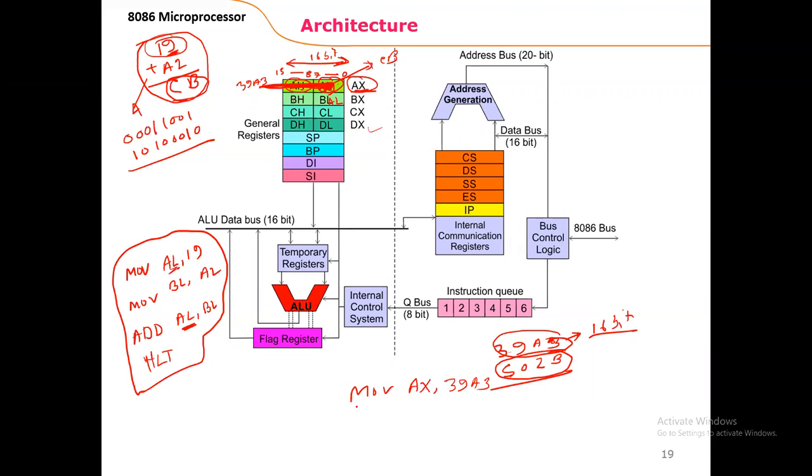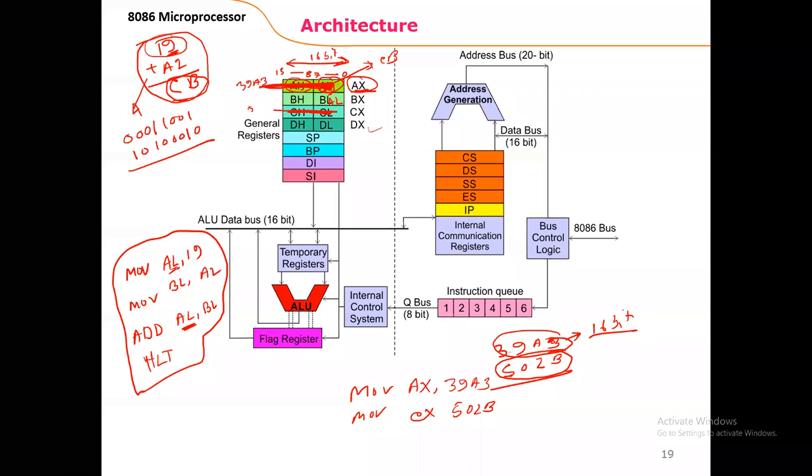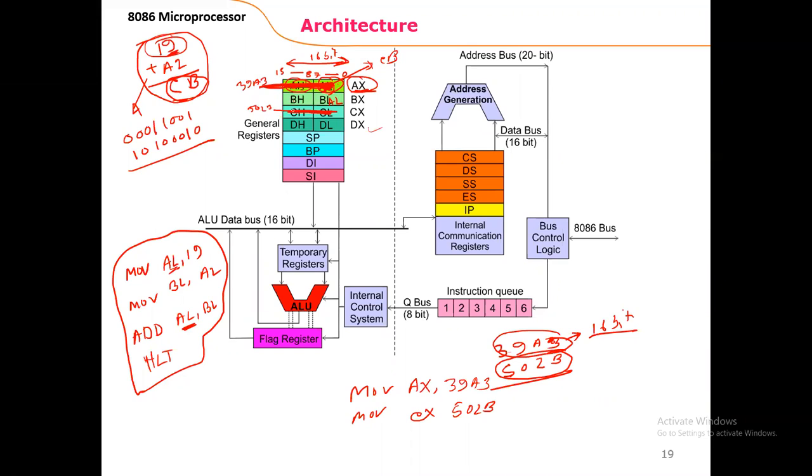Another MOV. Suppose we use CX, 502B. Now our CX data fills the full 16-bit position, and this position holds 502B. Now this register and this register can be added or multiplied.